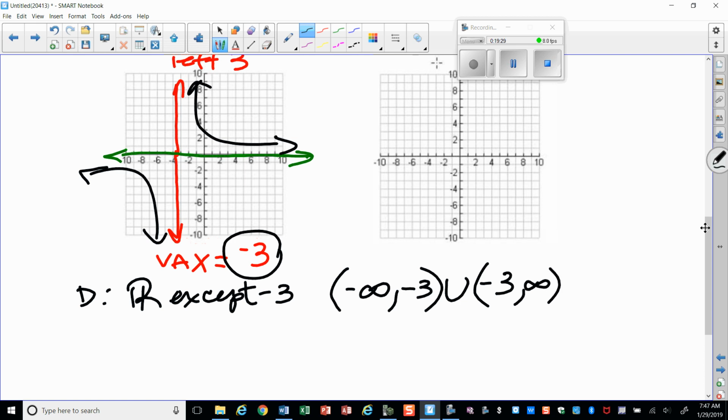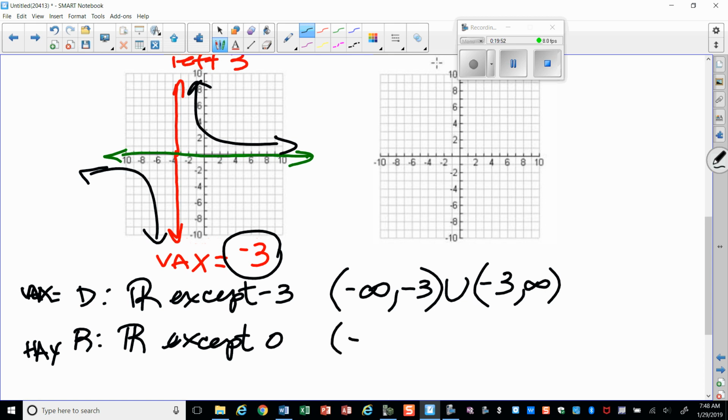Okay, that's the domain. The range is all reals except 0, because that was where the horizontal asymptote was. So the range has to do with the horizontal asymptote, and the domain has to do with the vertical asymptote.